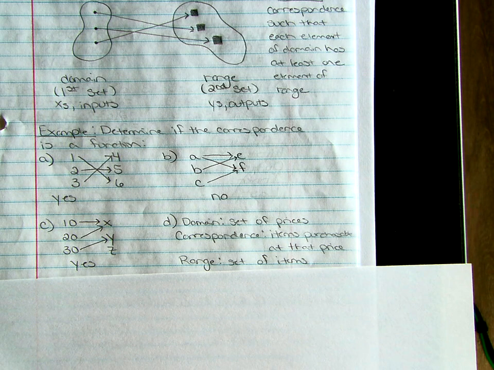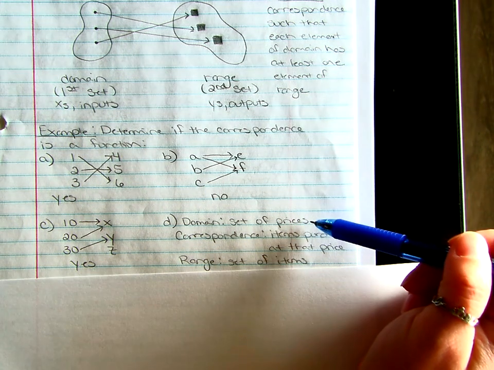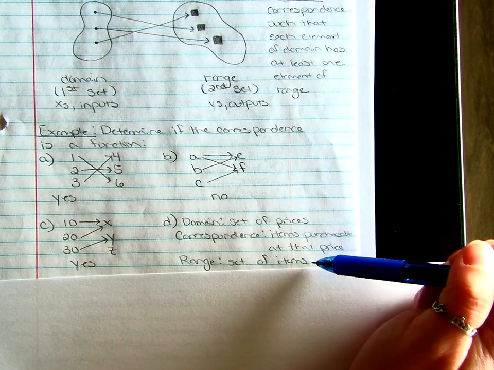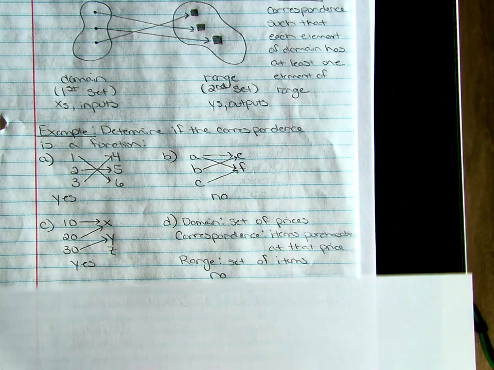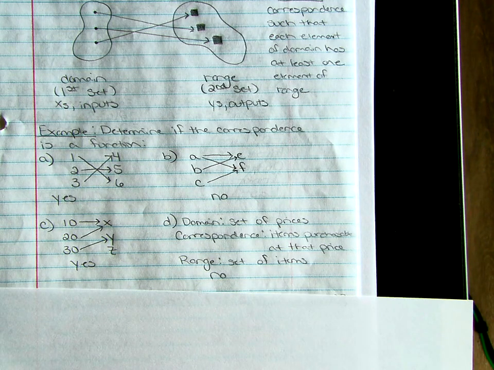So each price, which is our domain, does not correspond to only one item in the range. And so no, it's not going to be a function. That'd be kind of weird to go into a store where everything had its own completely unique price and nothing was the same.